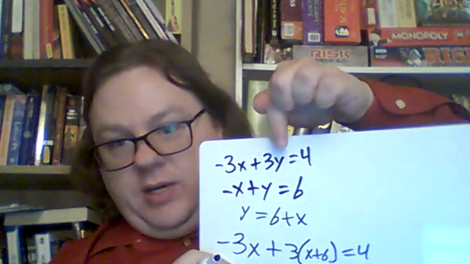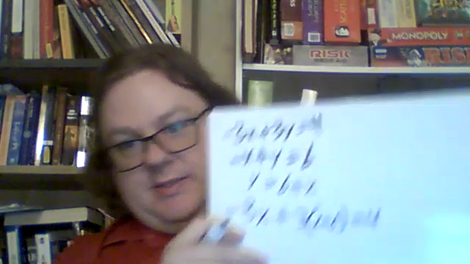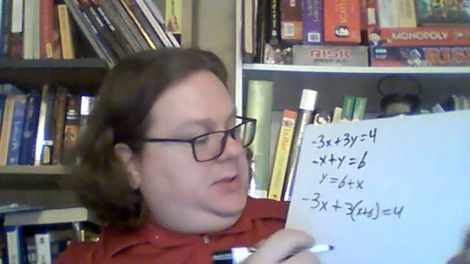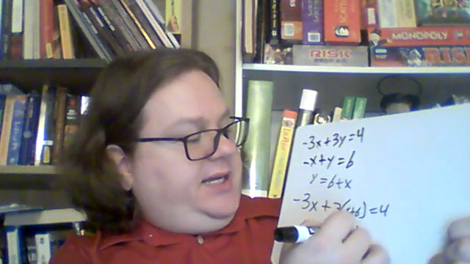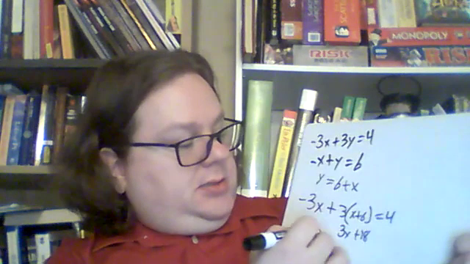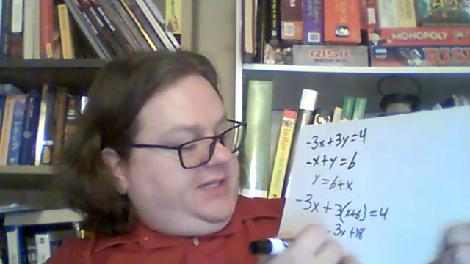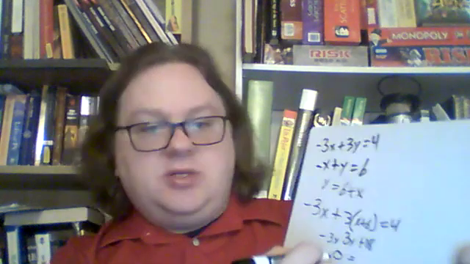Where this y was, I substituted the entire phrase x plus 6. Okay. So let's see. 3x plus 18 minus 3x. Uh-oh. That's 0. Equals no solution. It must be no solution.